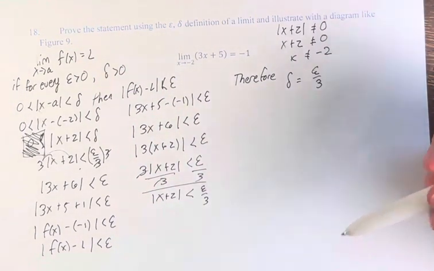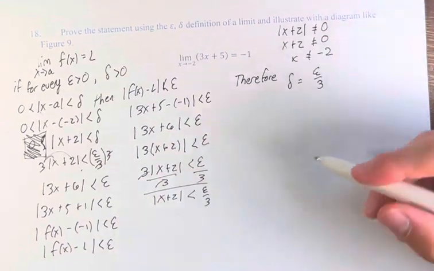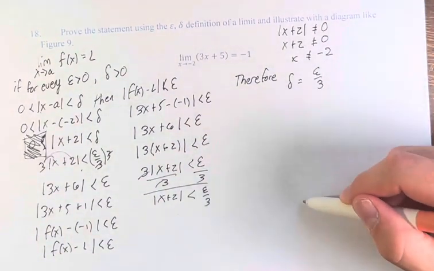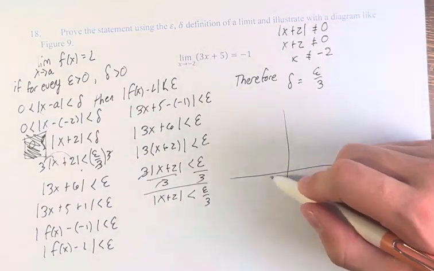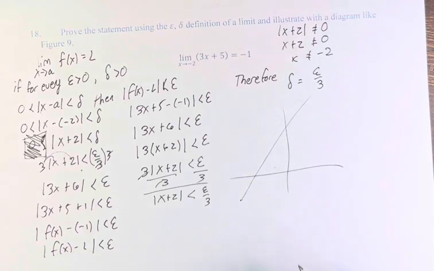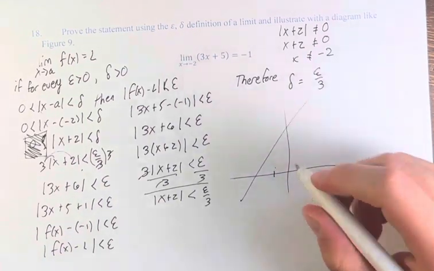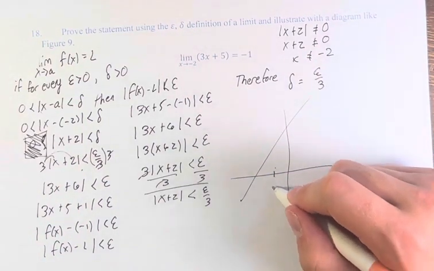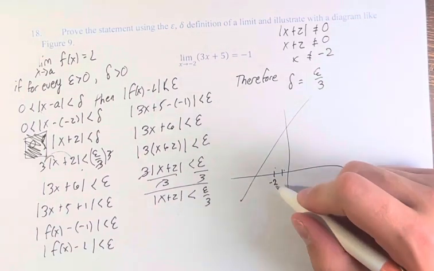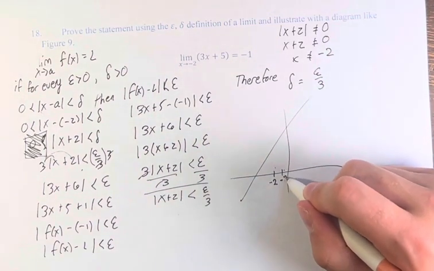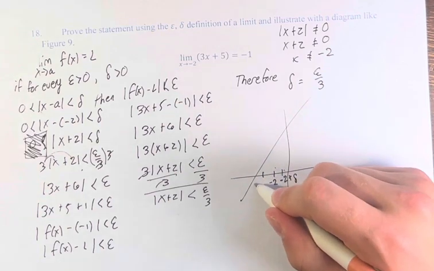Now we just have to show what that means with a diagram. So we're saying that we have our line, 3x plus 5, and at -2, as x approaches -2, we take values close to it, -2 plus delta and -2 minus delta.